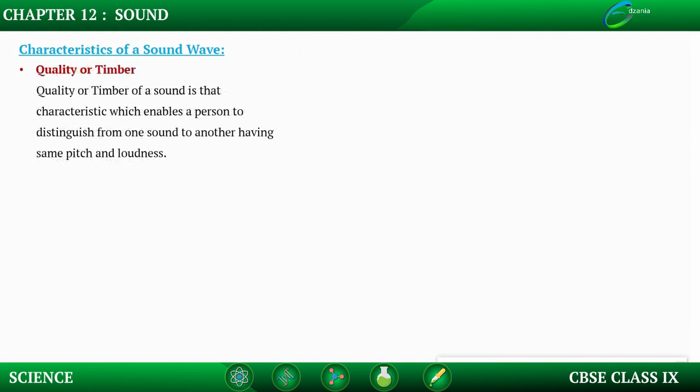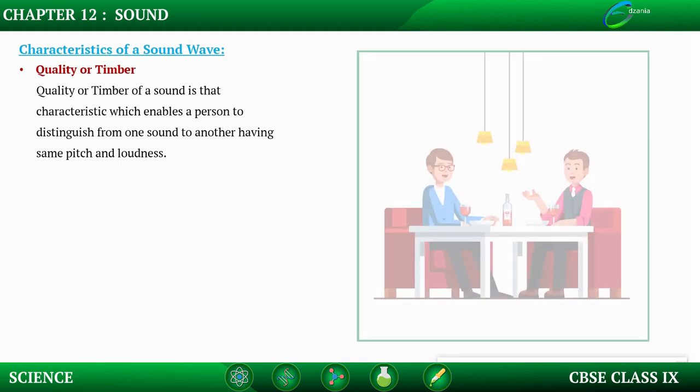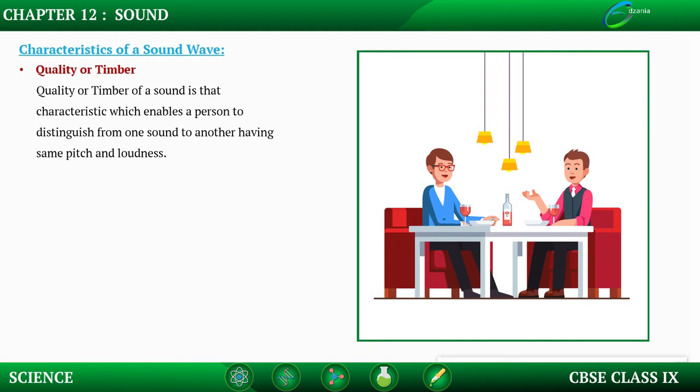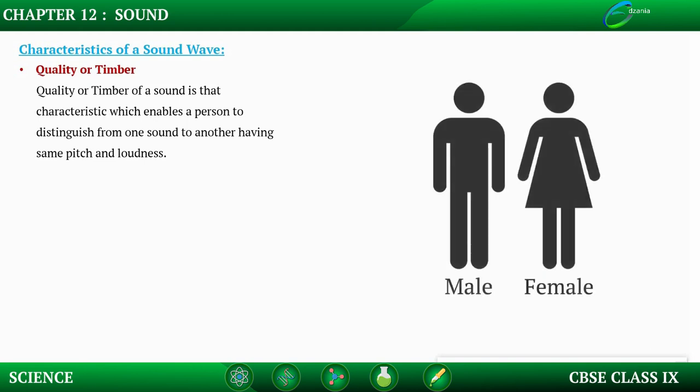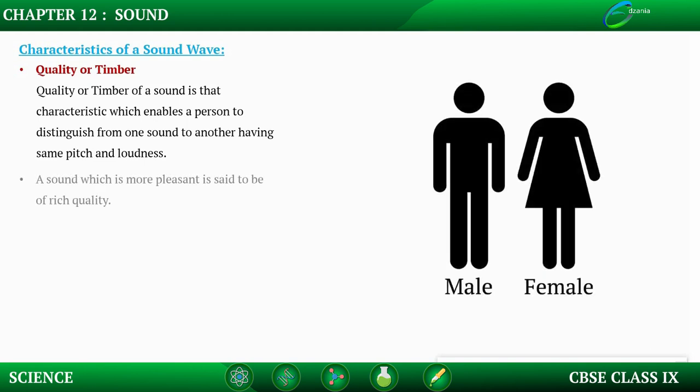Okay, now another one is defined as the quality or the timbre of sound. When you hear two people speaking at the same volume with the same frequency, still you can distinguish: it is Mr. X, it is Mr. Y. How? Because of the quality of it. That enables us to distinguish between two sounds, like male and female voice. So the sound which is more pleasant to listen to is called of rich quality.